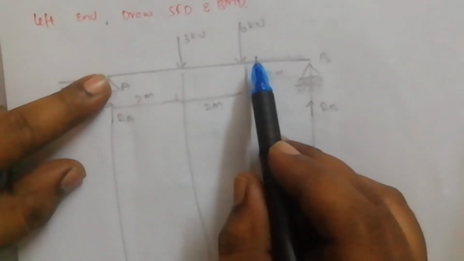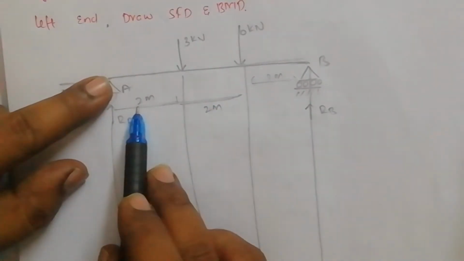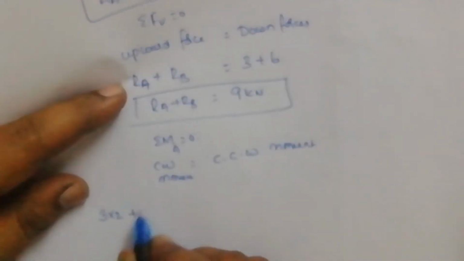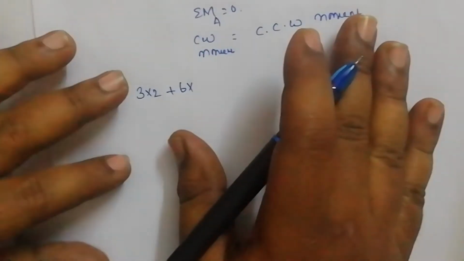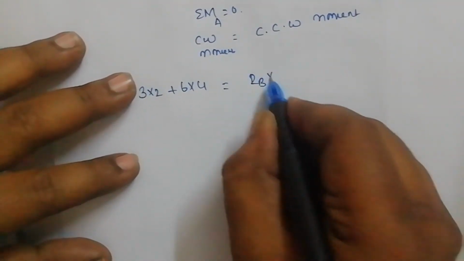Another load, the 6 load. From the 6 load to point A, total distance is 2 plus 2, so 4. So that is plus 6 into 4, equal to RB into 6.